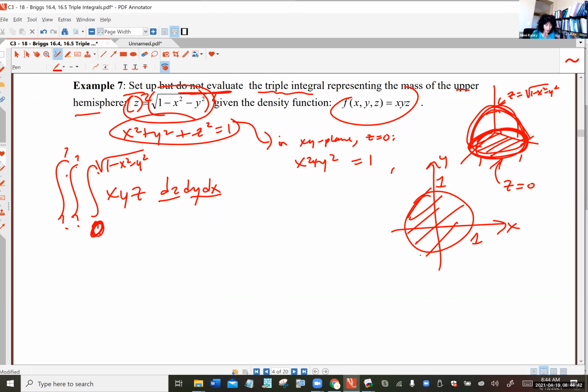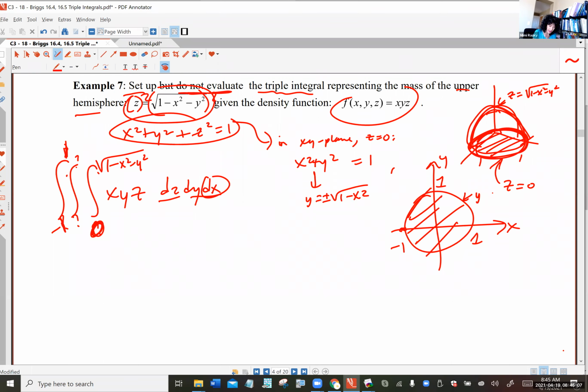Then if I'm going to have x be the outermost integral, x looks like it's going between -1 and 1, because the outermost integral has to have constant limits only. And then what is y doing? Well, if you solve this equation for y, you'll get plus or minus the square root of 1 minus x squared.